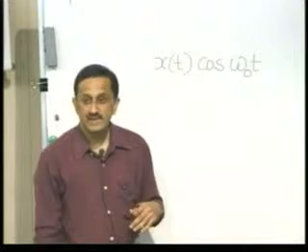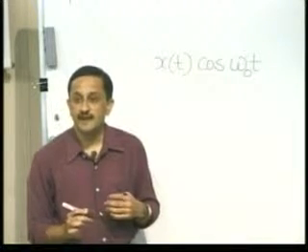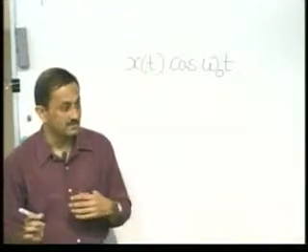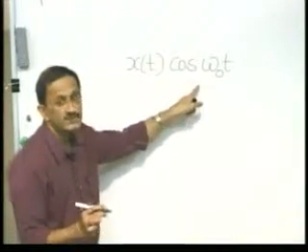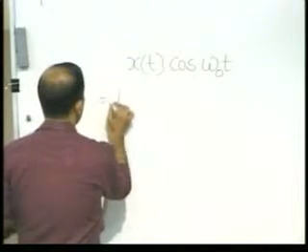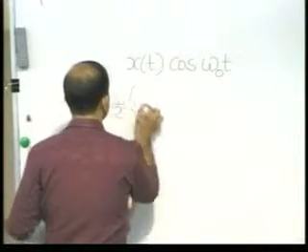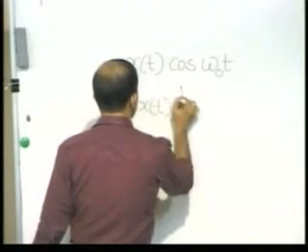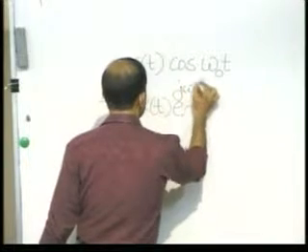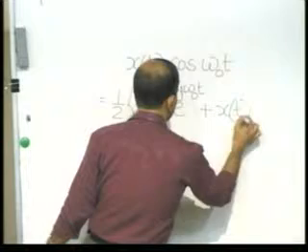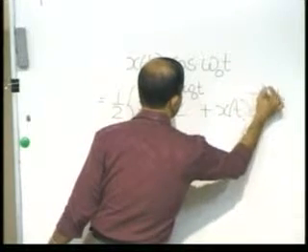The effect can be obtained from our knowledge of what happens when you multiply by a complex exponential, because we can always decompose this into exponentials. So you may rewrite this as half x(t) e raised to the power j omega naught t plus x(t) e raised to the power minus j omega naught t.